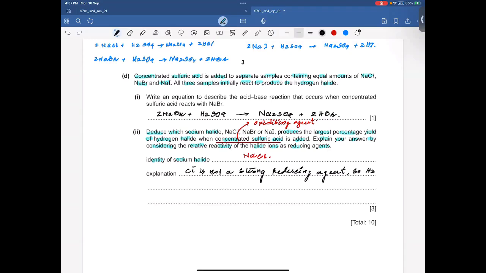So H2SO4 cannot oxidize chloride into chlorine, whereas bromide and iodide are stronger reducing agents.